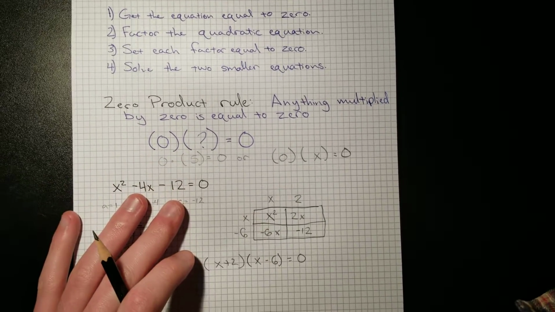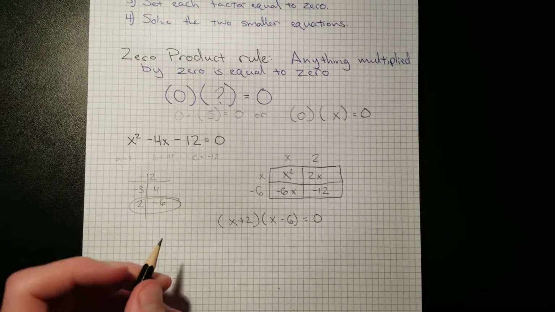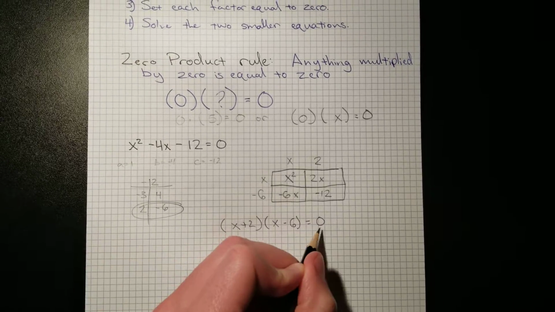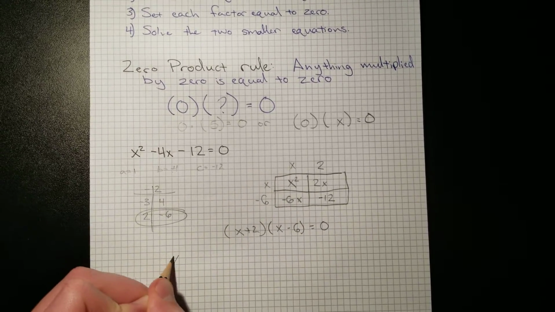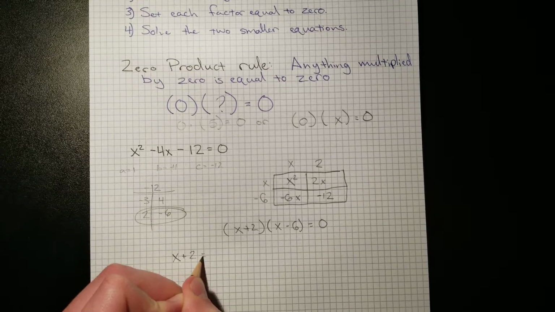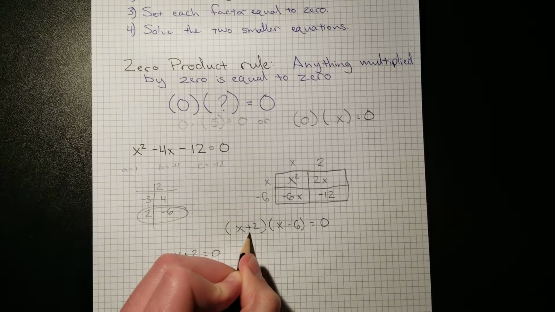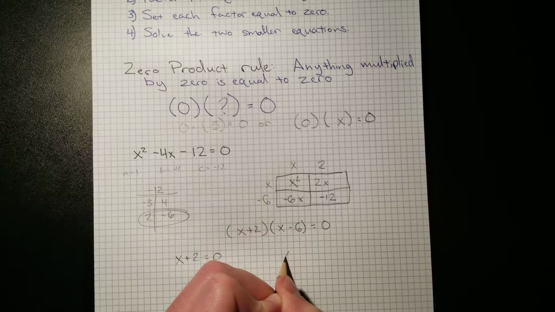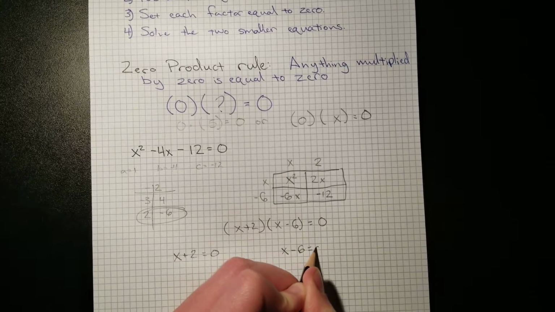Stuff like that. So we can expand that, and we can just say that if I need this equal to 0, I can say that x plus 2 equals 0. And the other factor, x minus 6 equals 0.